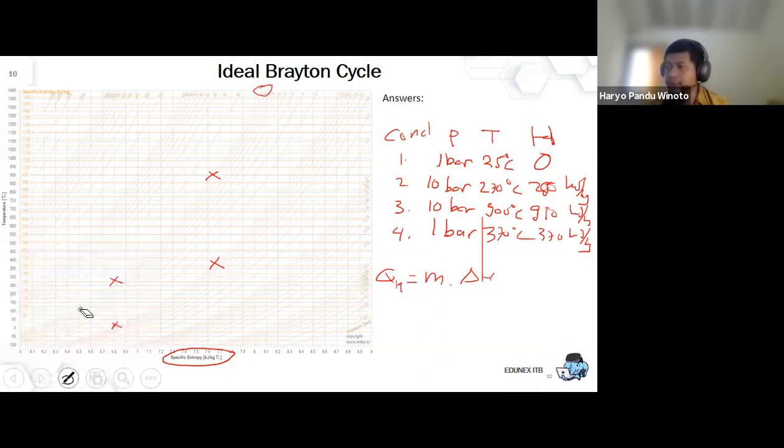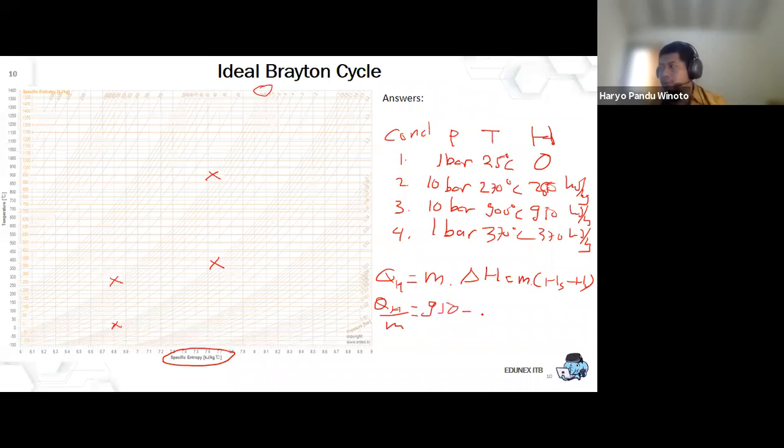Sorry about that. m delta H, or here m multiplied with what? H3 minus H2. So QH per m in here, what is it? 950 subtracted with how much is it? 280? 280, yeah.